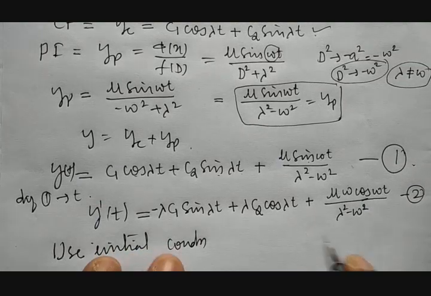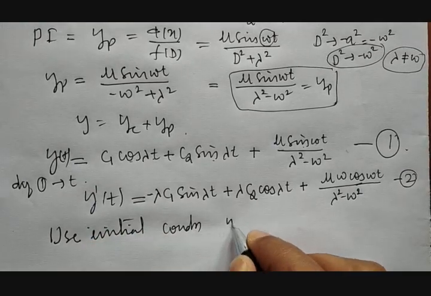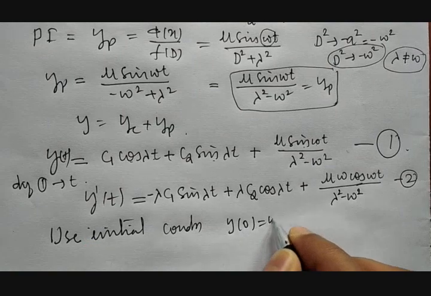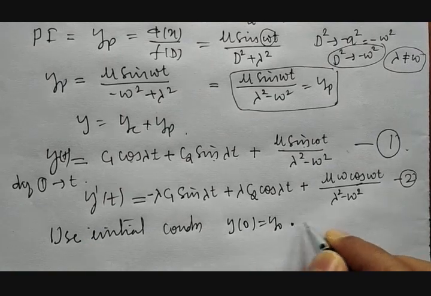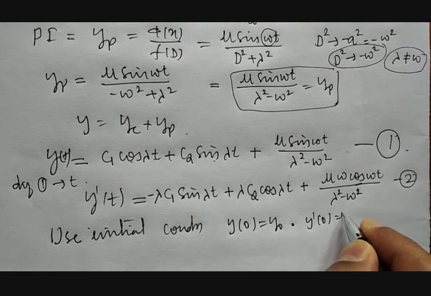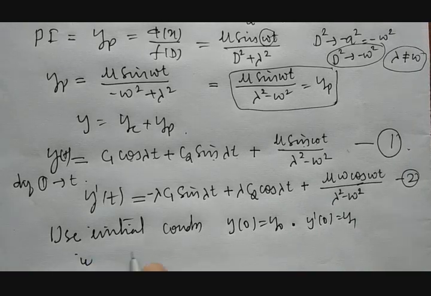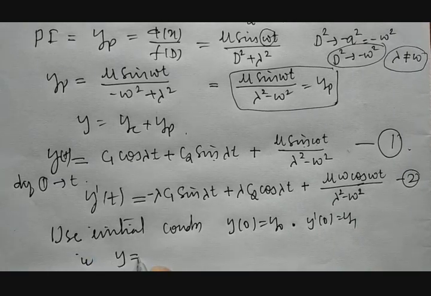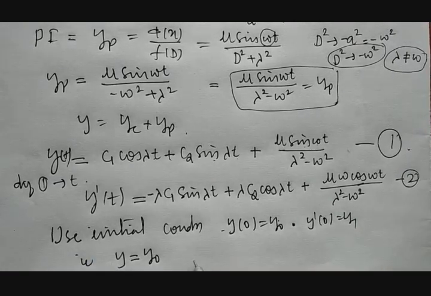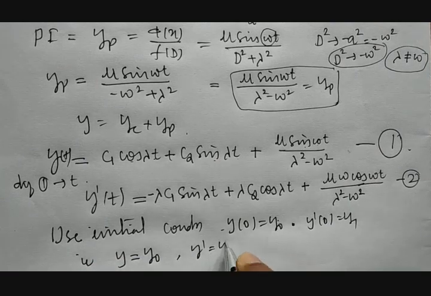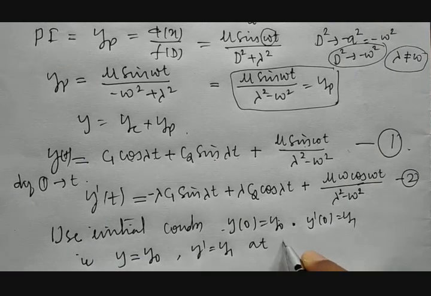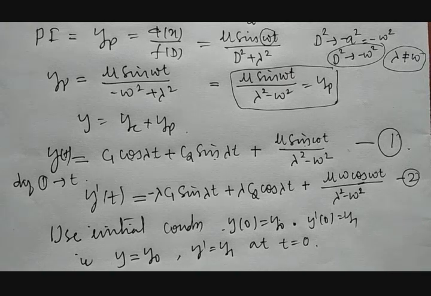What are initial conditions given here? They said y of 0 equal to y0 and y dash of 0 equal to y1. That means y is equal to y0 and y dash is equal to y1 at t equal to 0. Fine.